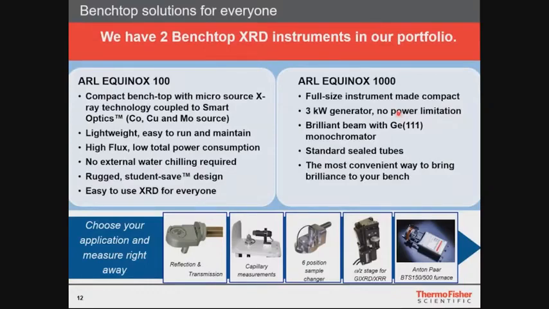The advantage of this instrument is that it's lightweight and easy to run and maintain. It has high flux and a low total power consumption. This means you could also run it using a battery or a generator, even in the field. It requires no external water chilling, and it is a very rugged, student-safe design.